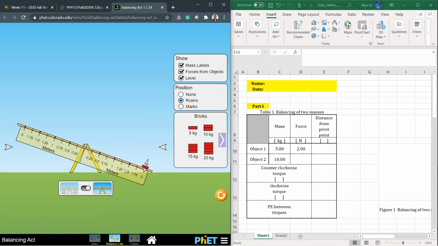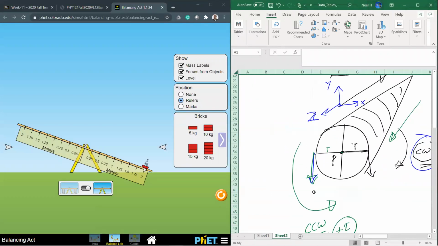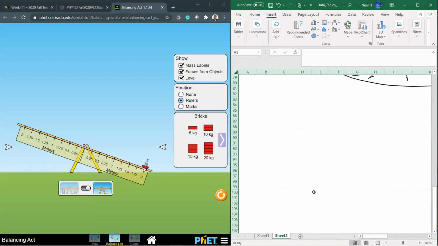Okay, if you do that, then you can see now you have a torque which is a clockwise torque, right? Now this is creating negative torque. That negative sign you can get by doing the cross product any way you like.